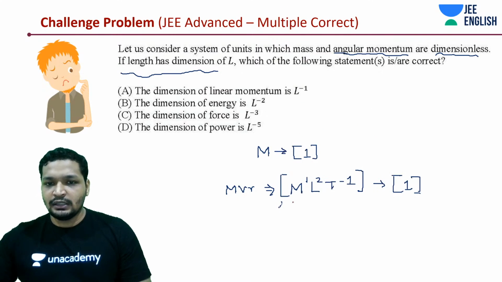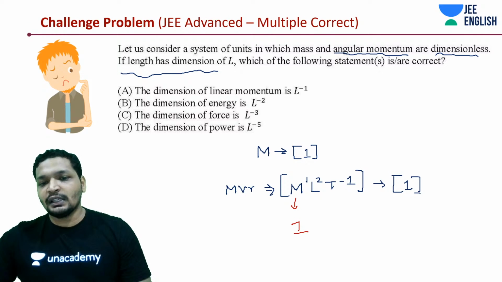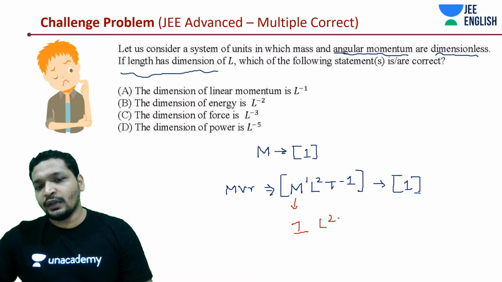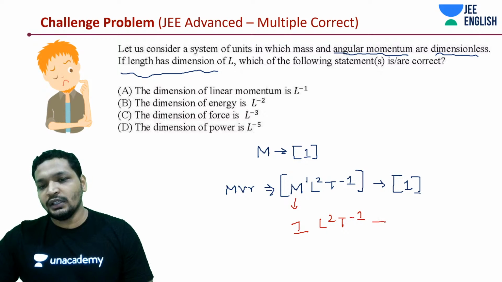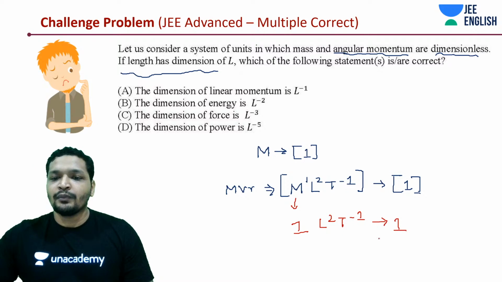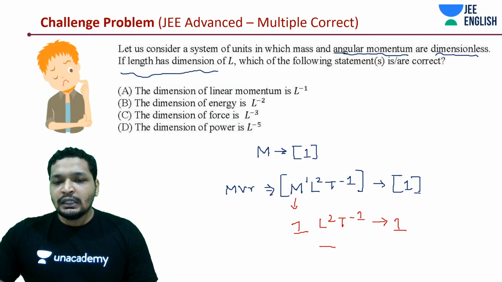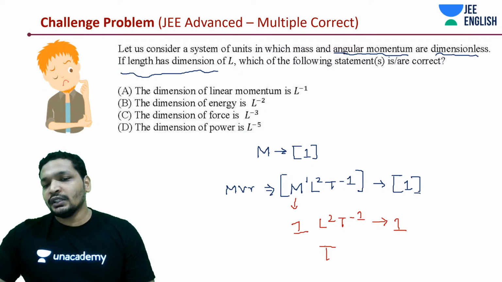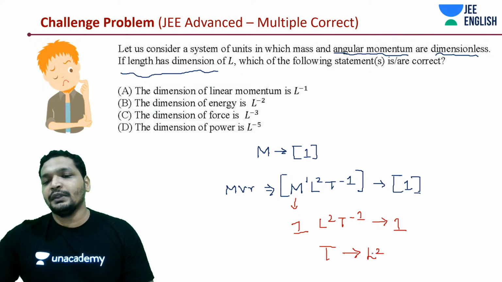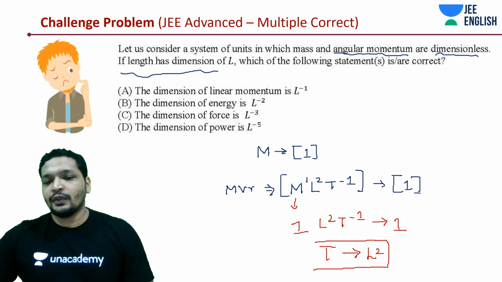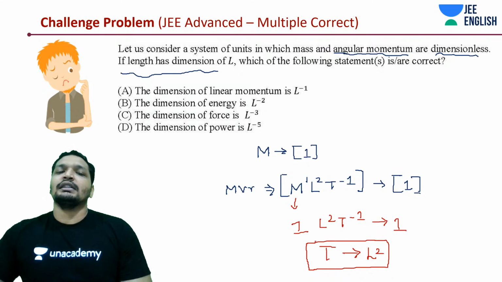It's basically 1 into L square into T to the power minus 1 is basically 1. That means this is something that you have to first conclude in these kind of problems. Time has the dimensions of L square in this unit system. You conclude this, rest is easy.